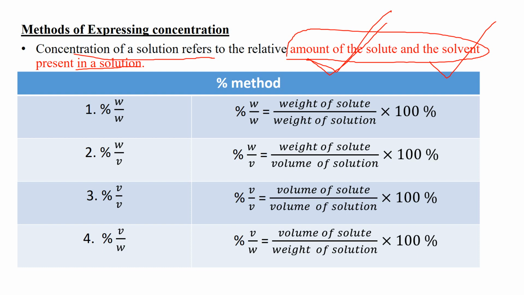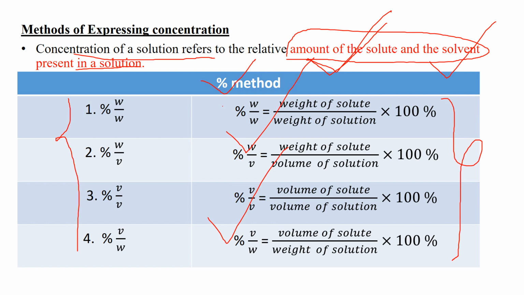And the percentage method is one of the important methods for the expression of concentration. Percentage w/w, w/v, v/v, and v/w. Here are different formulas for the calculation of percentage compositions. So you have to remember this formula to solve any type of numerical questions.